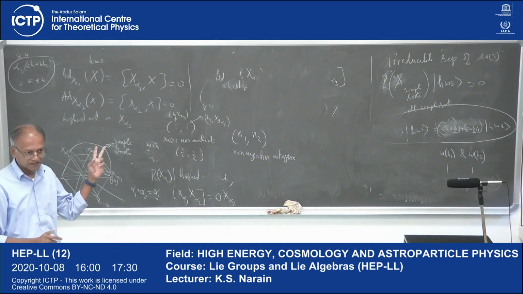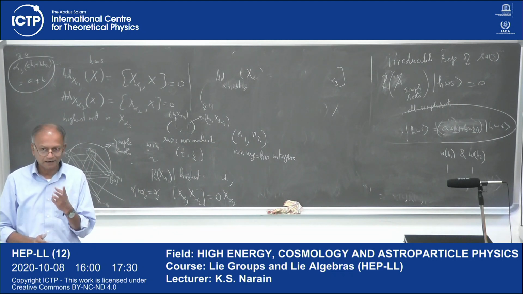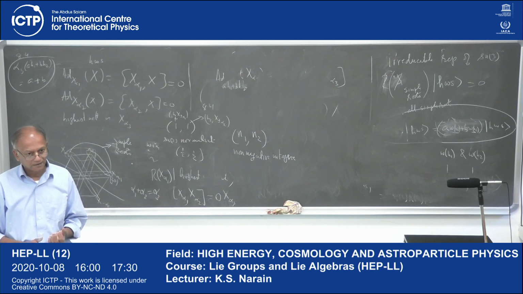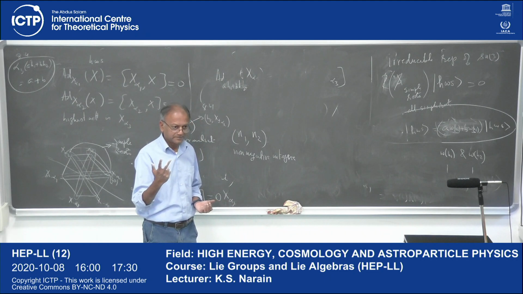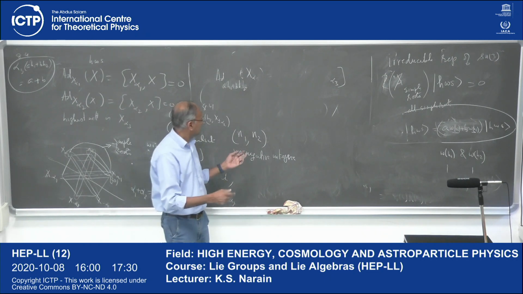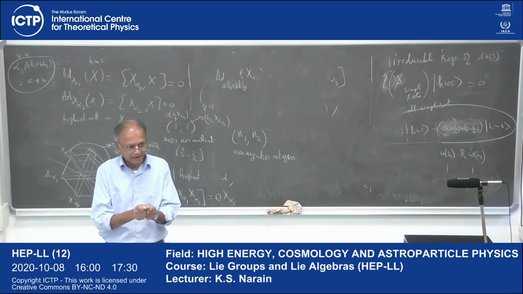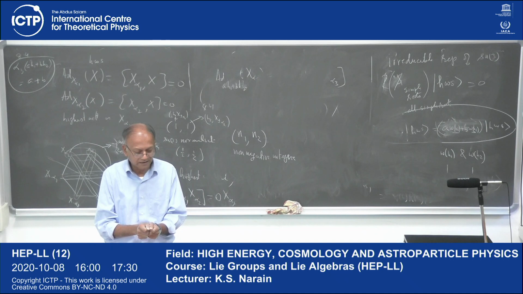You need two pieces of information, and this number is the same as the dimension of the Cartan subspace. And as a result, there are also two Casimirs. Casimirs give you a particular number associated with a given irreducible representation.